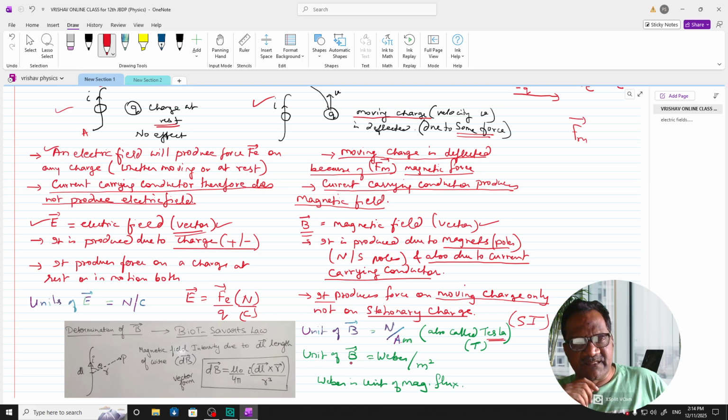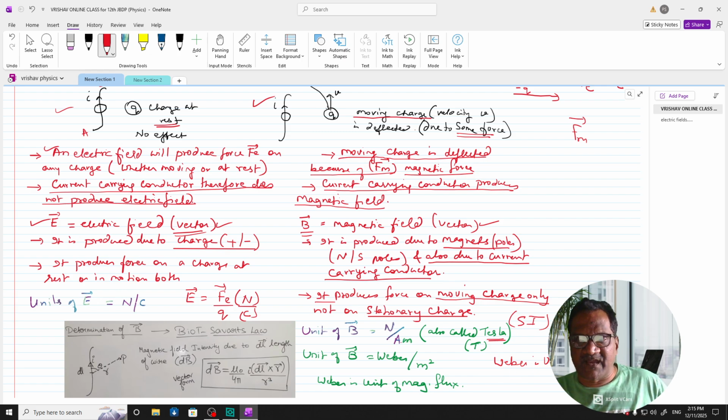The unit of B, that is the magnetic field, can also be written in terms of Weber per meter square. Now what is Weber? Weber is the unit for a quantity called magnetic flux, or you can call it change in magnetic flux.